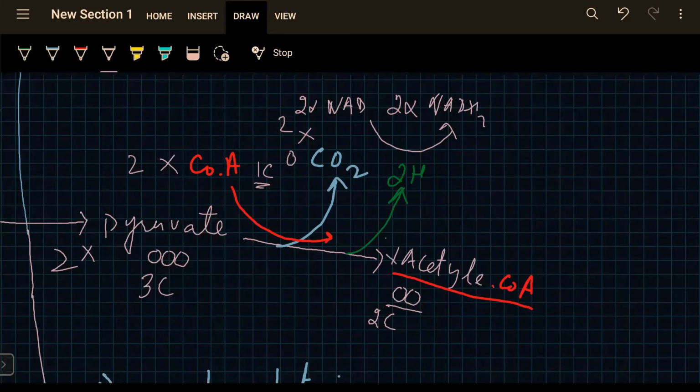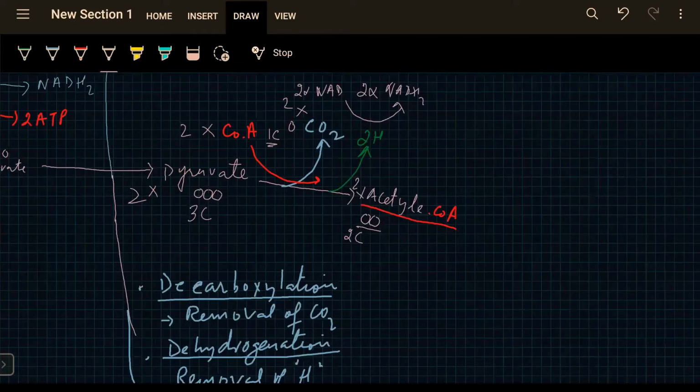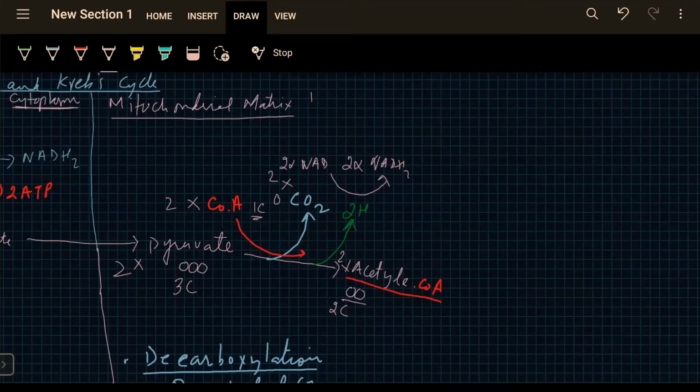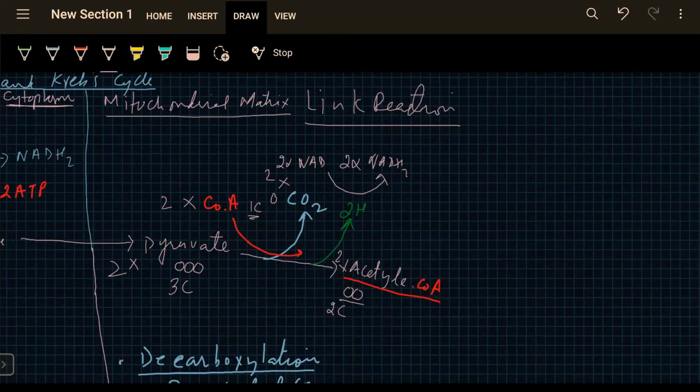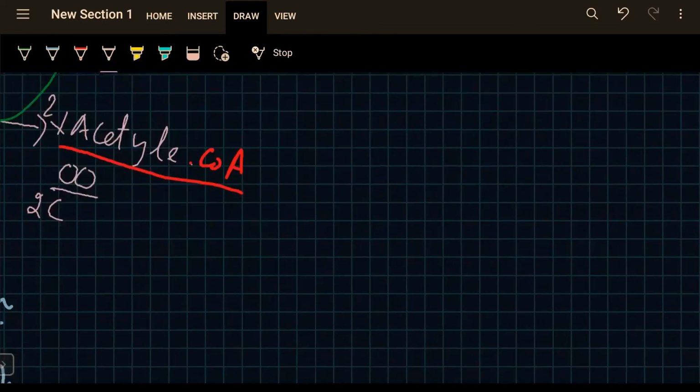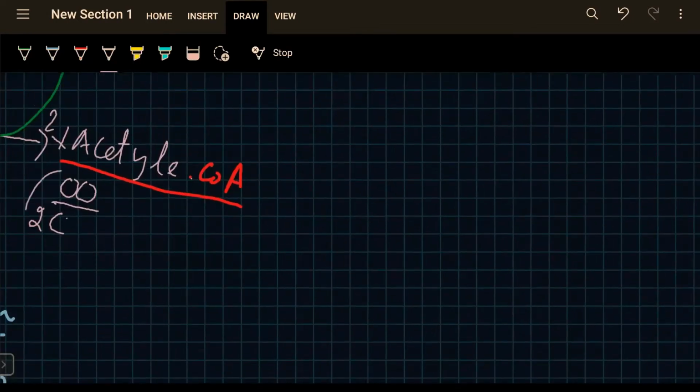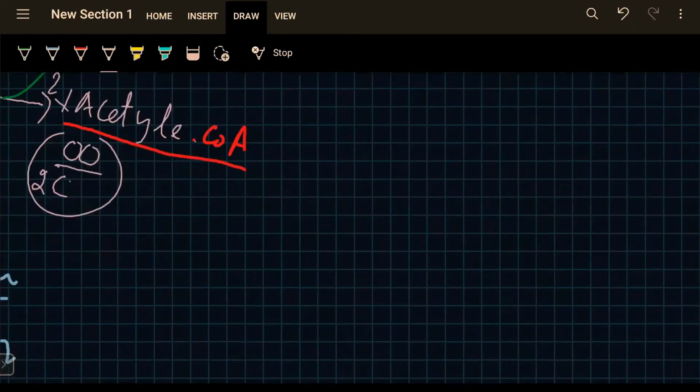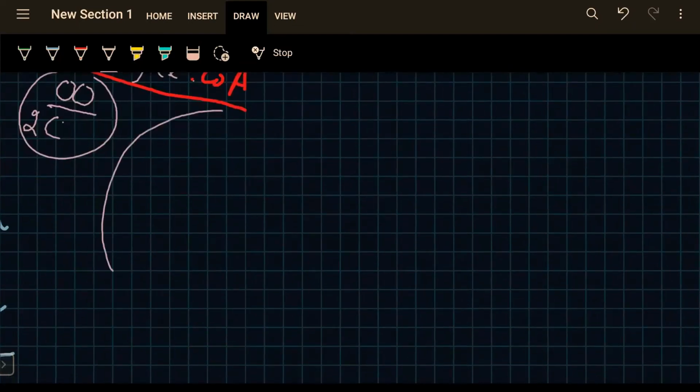Similarly, 2 molecules of acetyl coenzyme A are also produced. This reaction is known as the link reaction. This is taking place in the mitochondrial matrix.